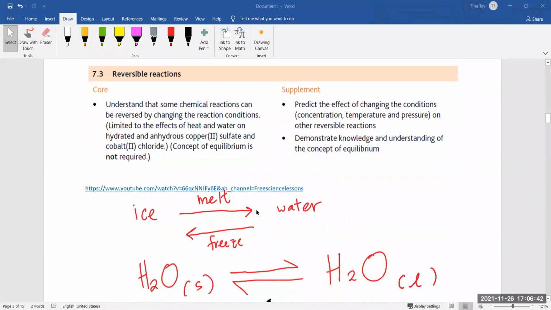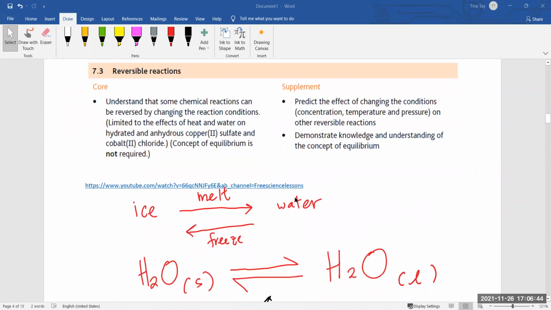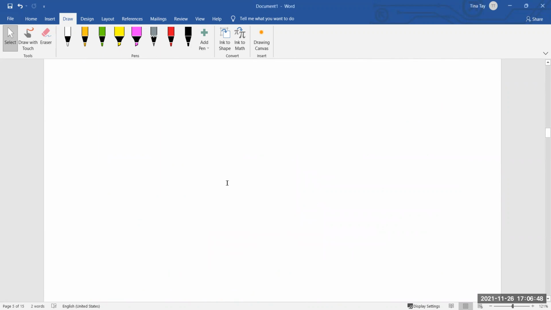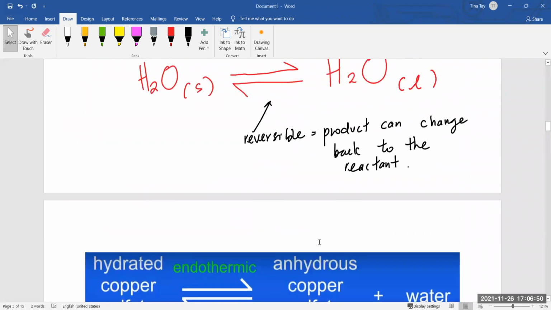So it was talking about endothermic and exothermic in a reversible reaction. What does it mean? Let me show you.